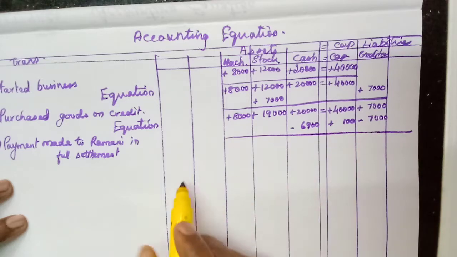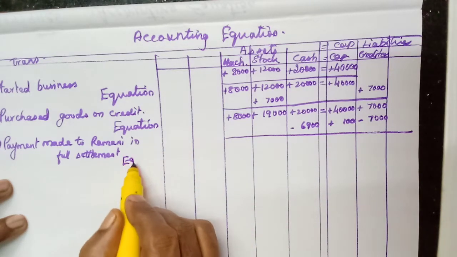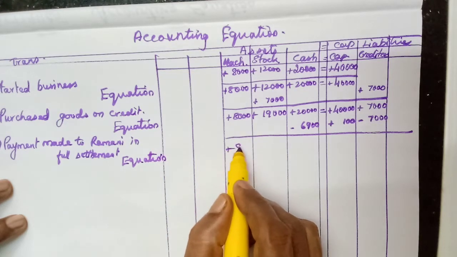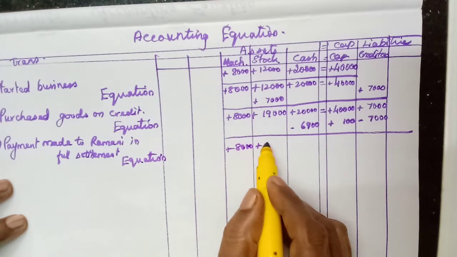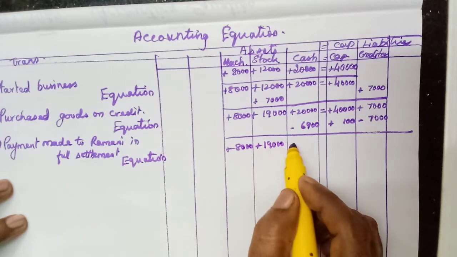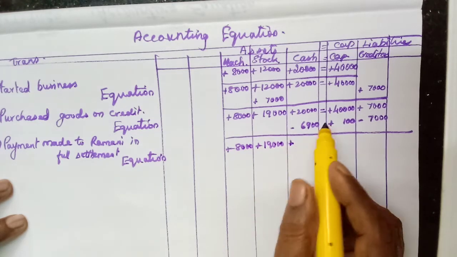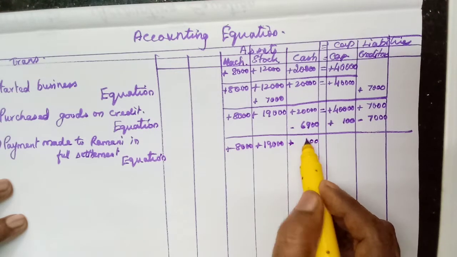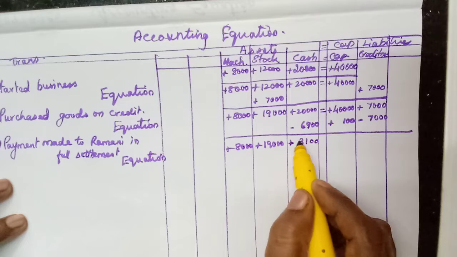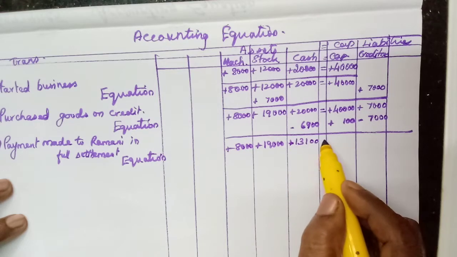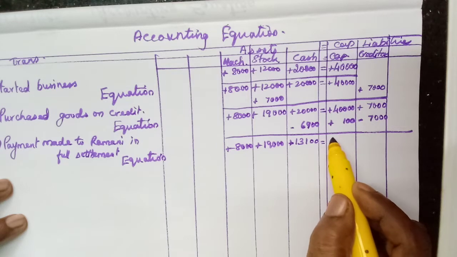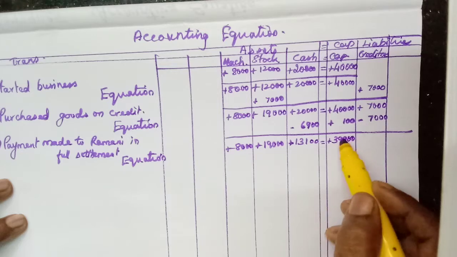Now we will write the equation. Plus 8,000, plus 19,000, minus, plus we should deduct, 10 minus 9, 1, then 9 minus 6, 3, 1, equal to 39,900, isn't it? 39,900.